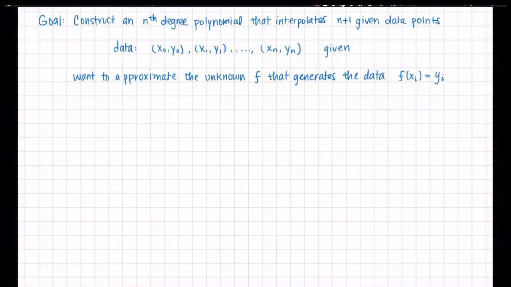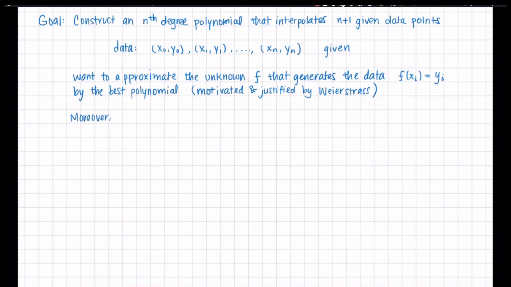Depending on when, for example, measurements are taken that produce data, you'd want to know how you expect your phenomenon to behave in between when you weren't taking experimental data. And so that's one of the reasons why you might want to do this. And we want to do this, the approach here is by the best polynomial. For a number of reasons: the relative simplicity of the behavior of polynomials, and we're motivated and justified by the Weierstrass approximation theorem.